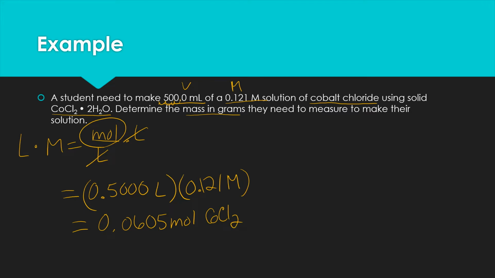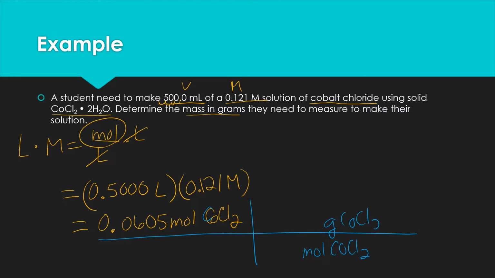Now, we need to figure this out in grams, right? We can't measure moles. There's no device in our lab that actually measures moles. We have to change our moles into grams. So I'm going to set up my conversion. We want to go from moles of cobalt chloride to grams.